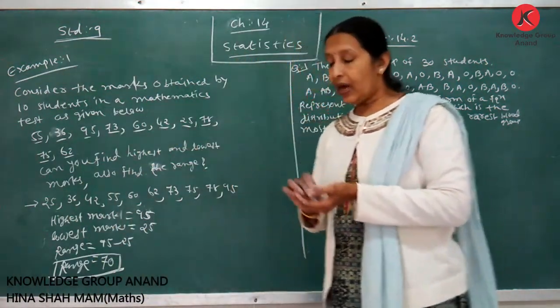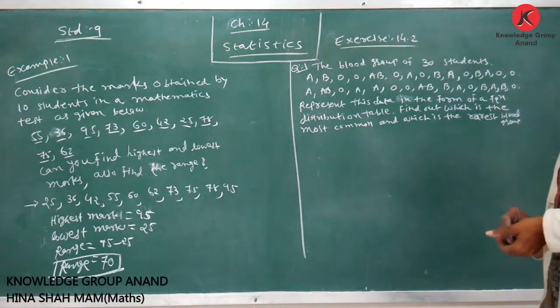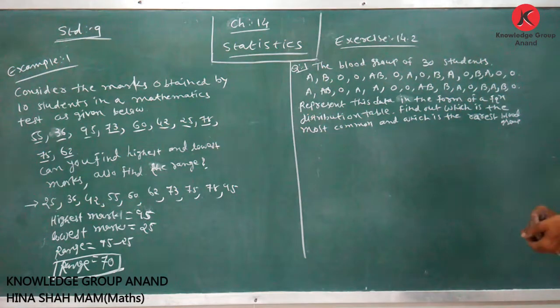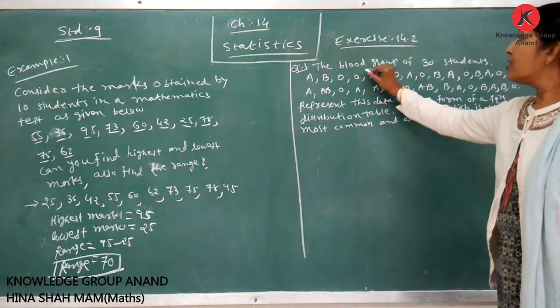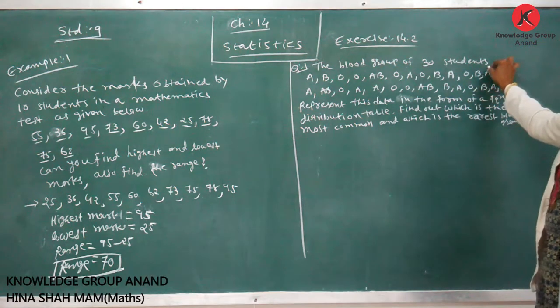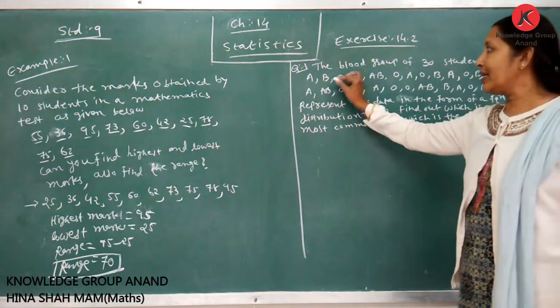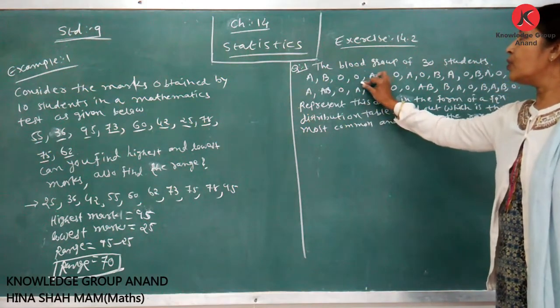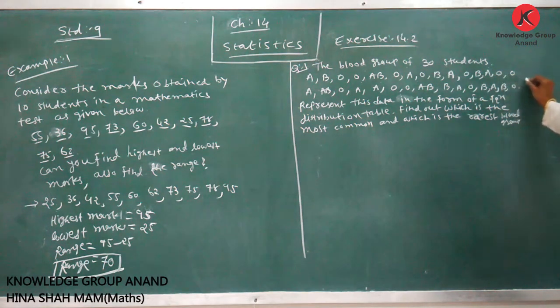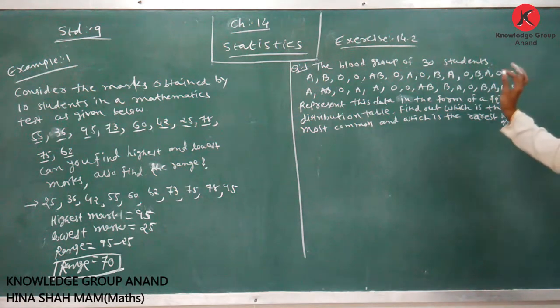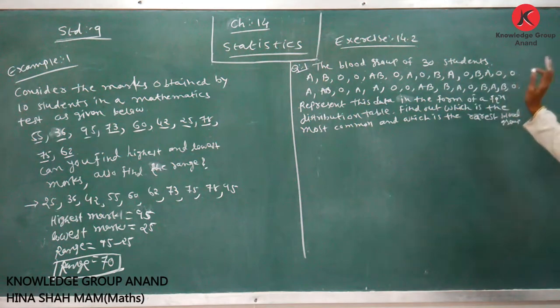Now, exercise 14.2, question number 1. Open your textbook and read the question. The blood groups of 30 students of class 8 are: A, B, O, A, B, O, B, A, O, B, A, B, O, A, B, B, A, O, B, A, B, O. Here the blood groups of 30 students are given.